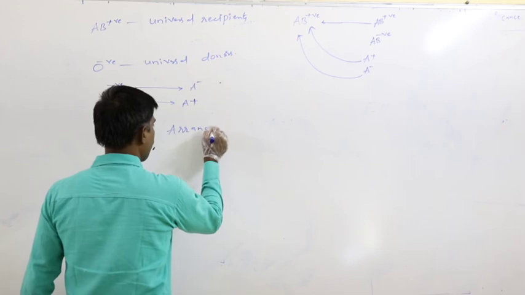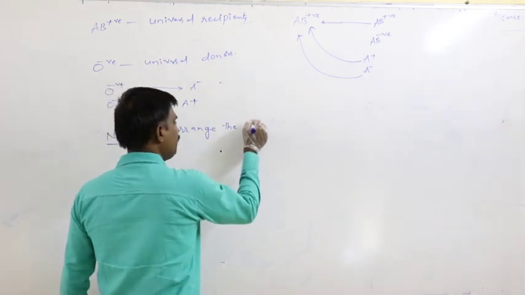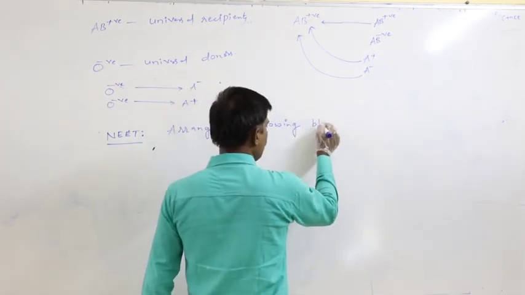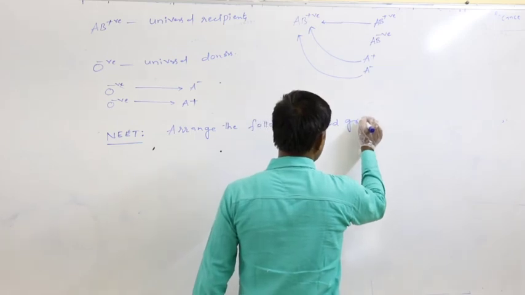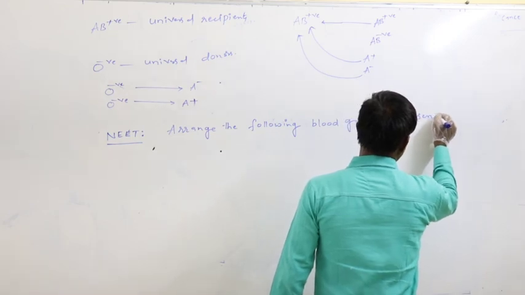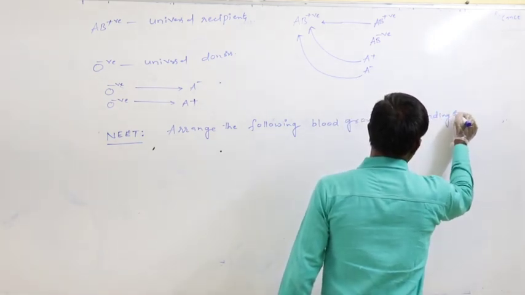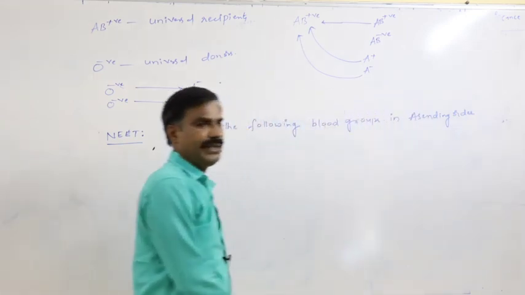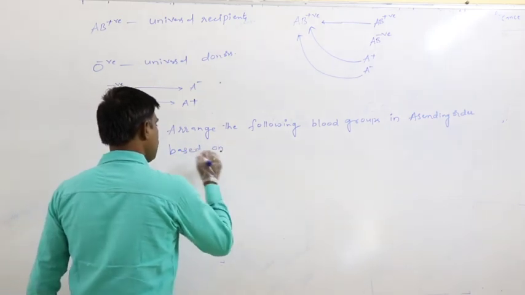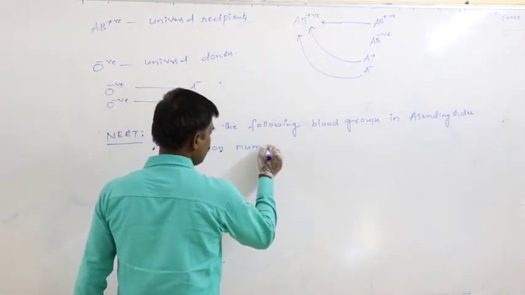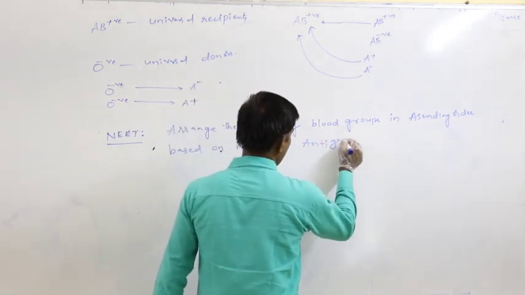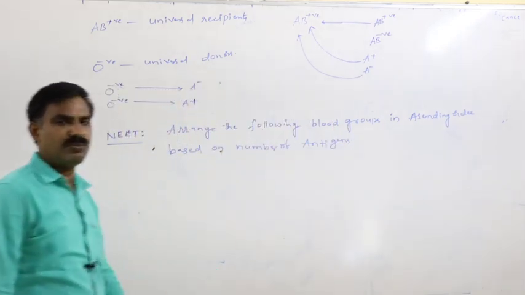Arrange the following blood groups in ascending order based on the number of antigens.